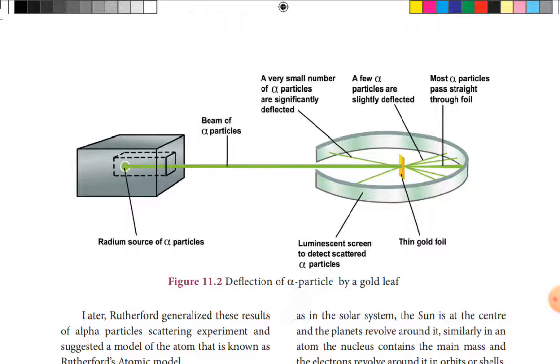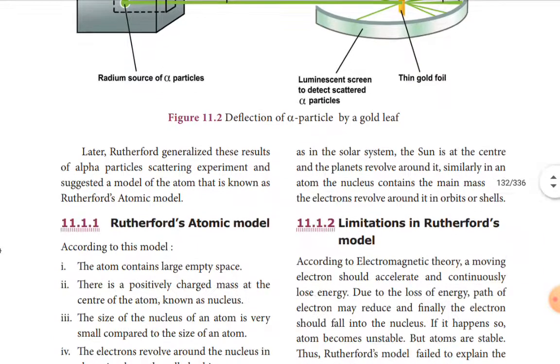And here, a very small number of alpha particles are significantly deflected, that is, by a 180 degree angle, a few alpha particles are slightly deflected, and most of the alpha particles pass through the gold foil without any deflection. Around this, an illumination screen is kept to detect the scattered alpha particles, and he used very thin gold foil for this experiment.